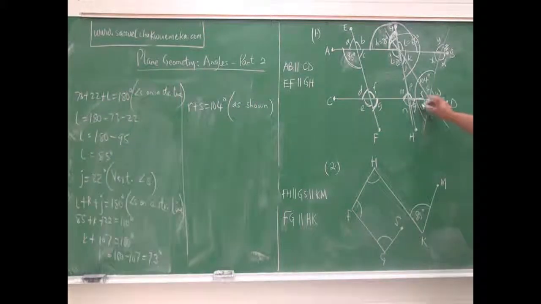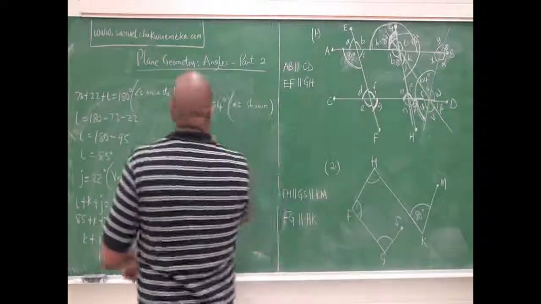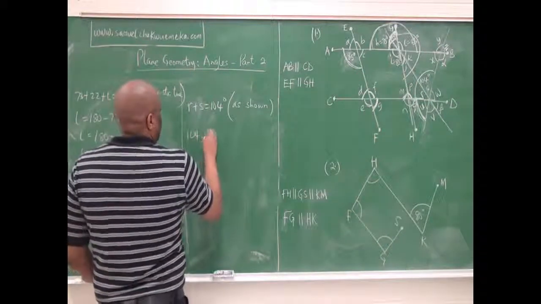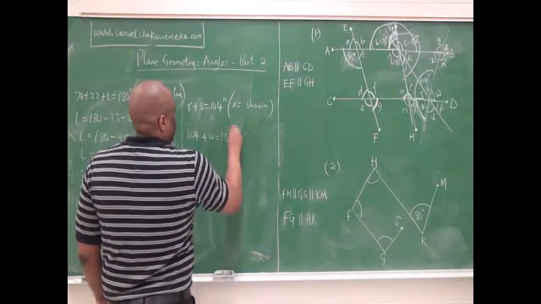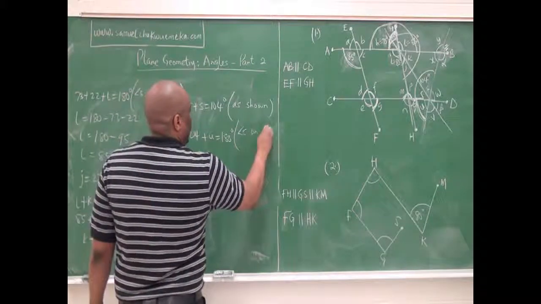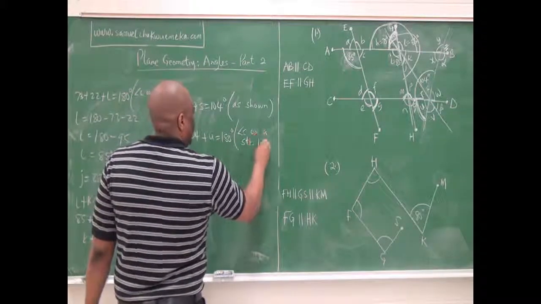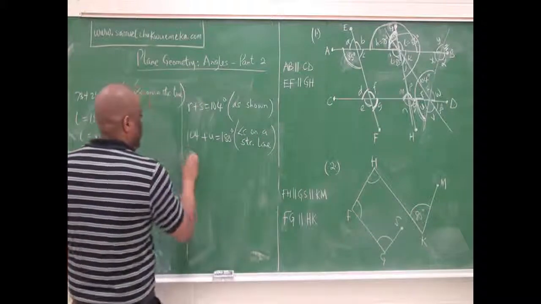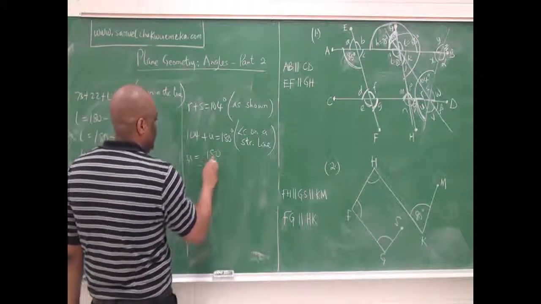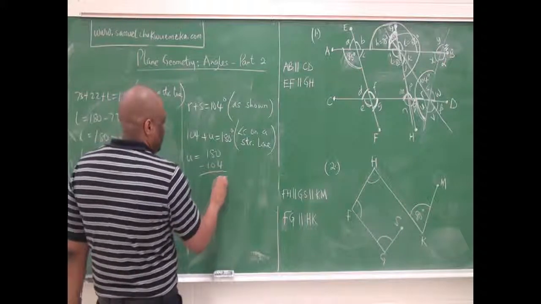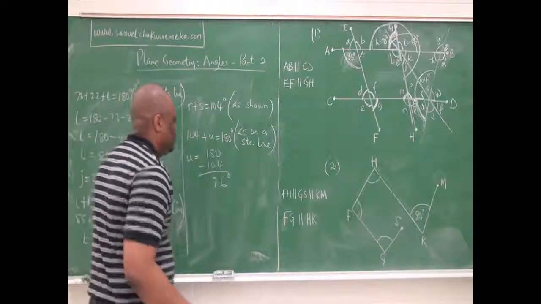Now let's find U. What is U? Because this all together is on the same straight line. Now 104 plus U will give you 180 degrees. Reason, angles on a straight line. So U will be 180 minus 104, which is 76 degrees.